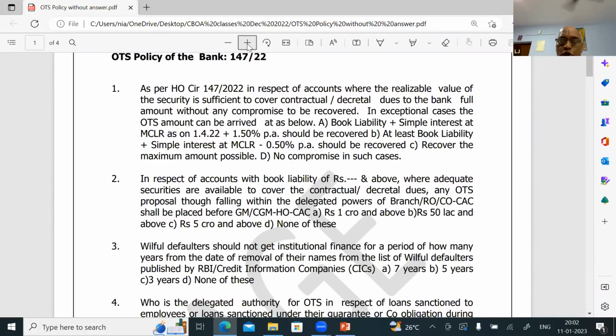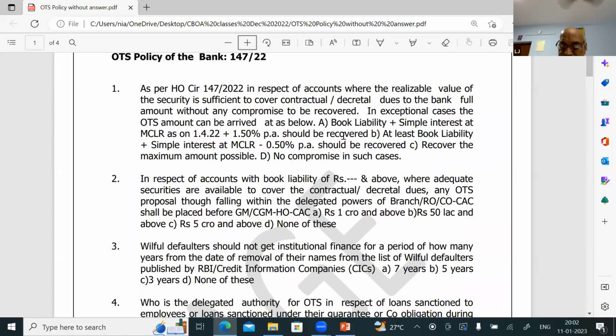Okay, sir. As per HO Circular 147/2022, in respect of accounts where the realizable value of the security is sufficient to cover the contractual or decretal dues to the bank, the full amount is to be recovered without any compromise. Okay. In exceptional cases, the OTS amount can be arrived at as below. A: Book liability plus simple interest at MCLR as on 1/4/2022 plus 1.50% per annum should be recovered.